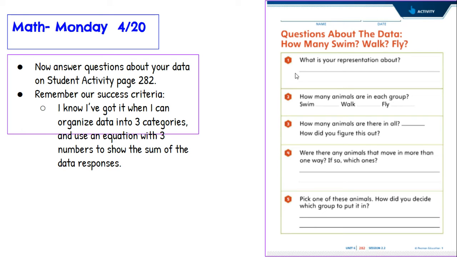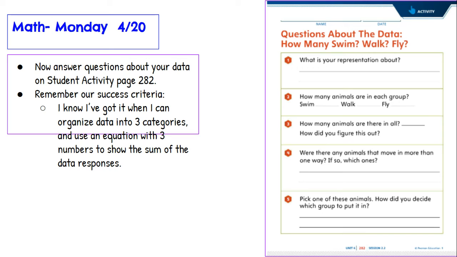The first question asks you, what is your representation about? What did you just organize into categories? What were your categories? If I said that my representation was about which ice cream the class liked, would that make sense? I'm not sure it would.